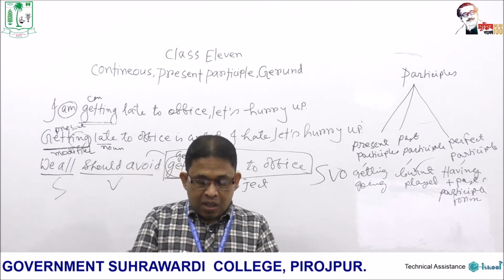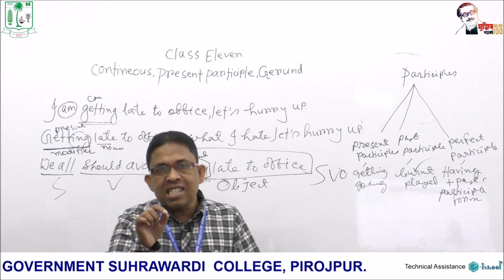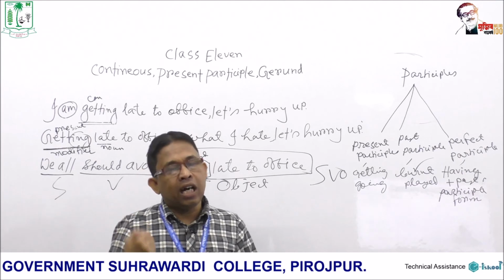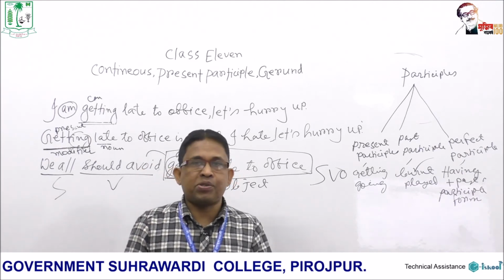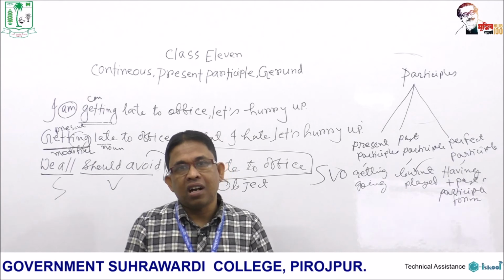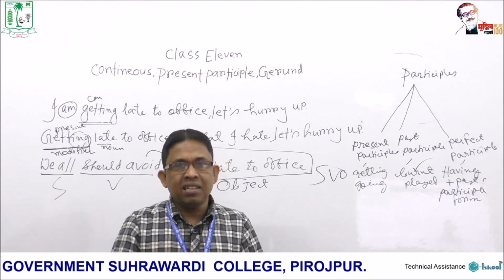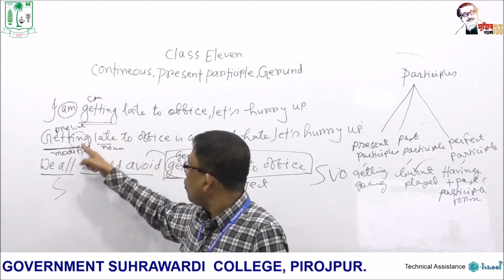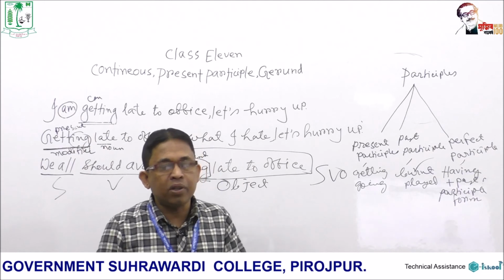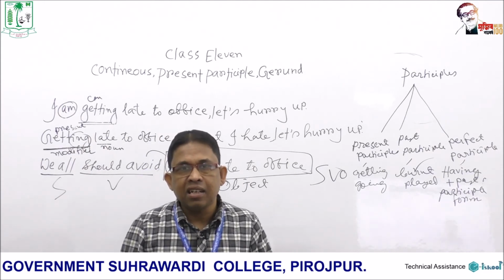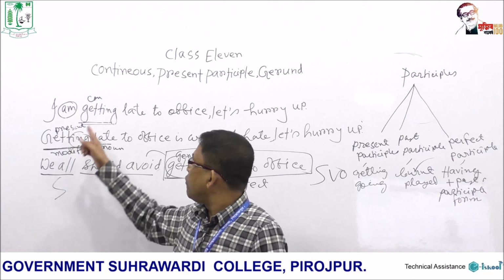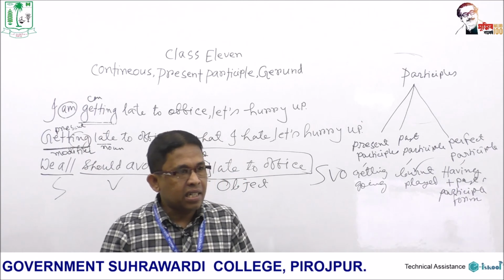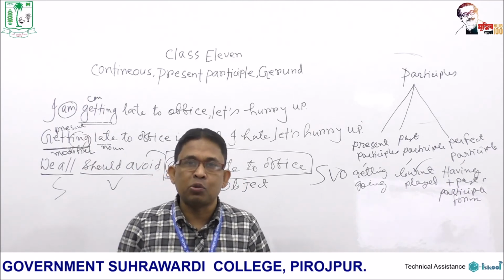So, when a word which has ing at the end is derived from a verb but functions as a noun, it is called a gerund. So gerund looks like a continuous form or a present participle form, because a gerund always takes ing at the end, but the difference from present continuous or present participle is that it functions like a noun.